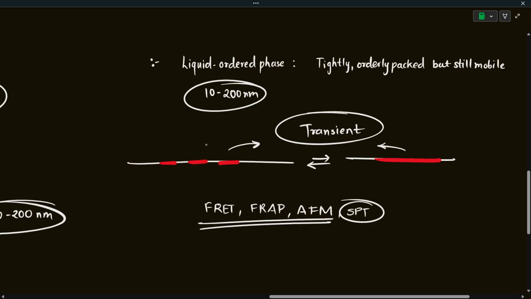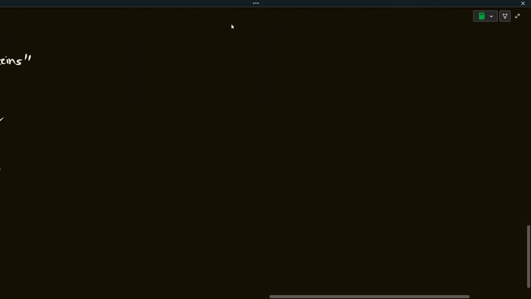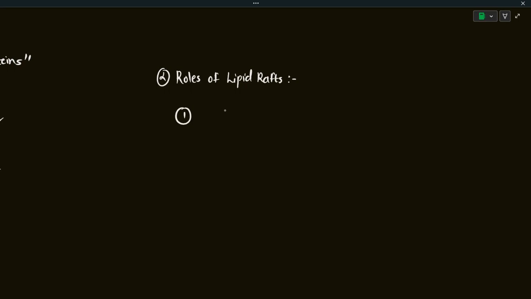Oh well, we did not discuss the roles of lipid rafts, so let's quickly discuss the roles of lipid rafts. As I said, lipid rafts have signaling molecules, so one obvious function is signal transduction.